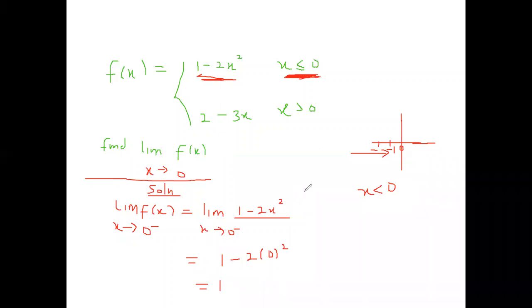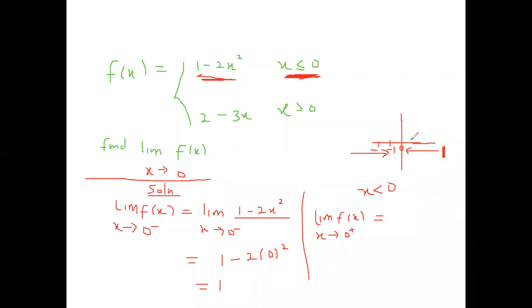Then what's next? We'll go and find the limits from the right also. So the limit of f of x as we approach 0 from the right hand is going to be, now when we are approaching 0 from the right hand, this is the right side. We are approaching 0 from the right hand.